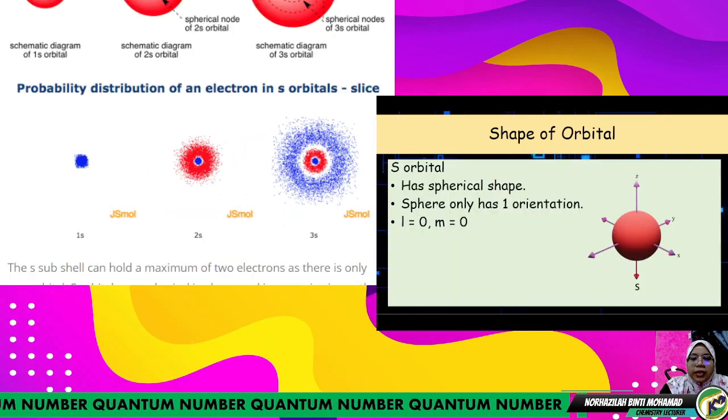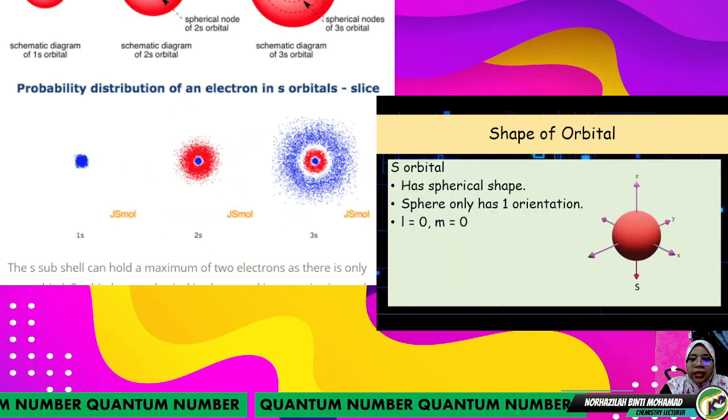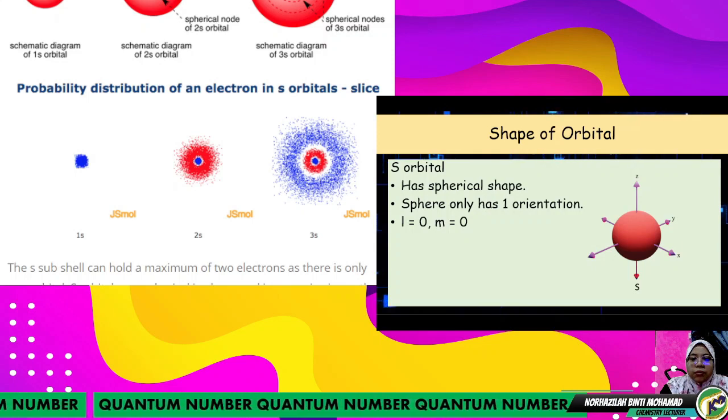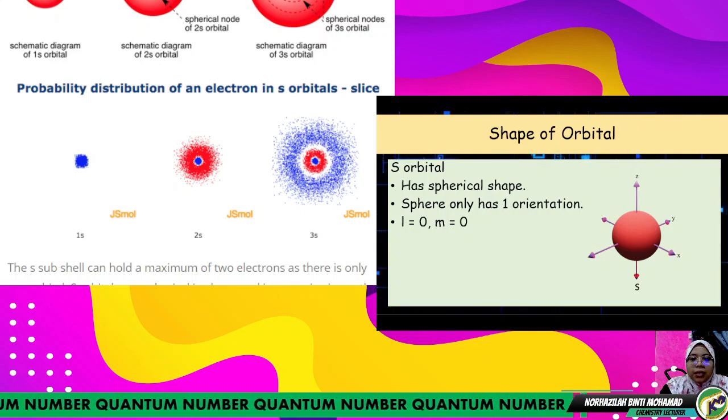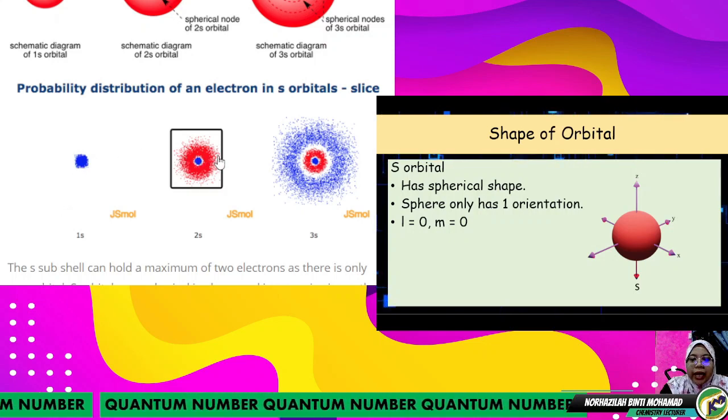This diagram shows the probability distribution of an electron in s orbital. We have the 1s orbital here. What we see is that 1s orbital is smaller compared to 2s orbital.